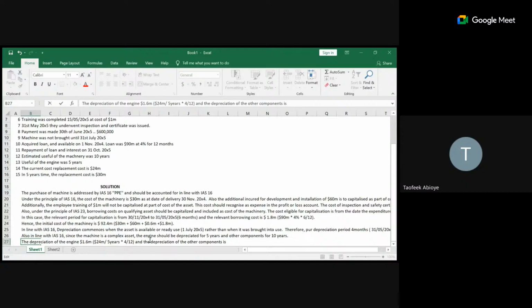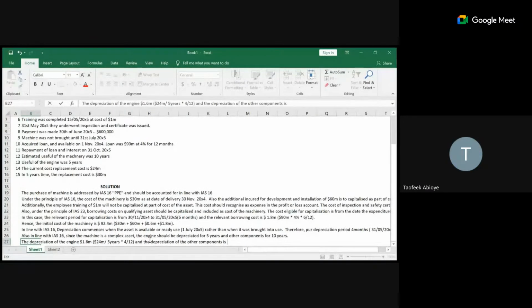Where did we get our 2.2? So the balance, that's 90 million minus 24, divided by 10 years, then multiply by 4 divided by 12. Let's get it one after the other. How much is the initial cost of that machine? 90 million.